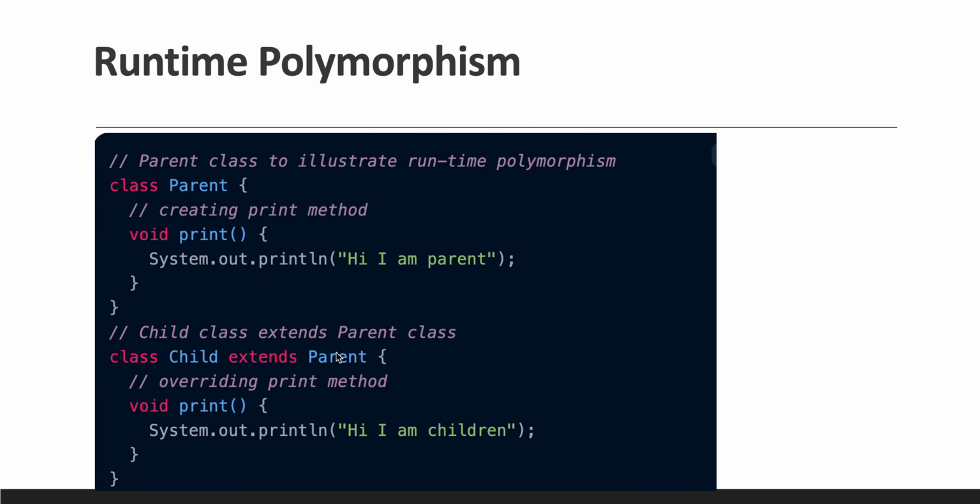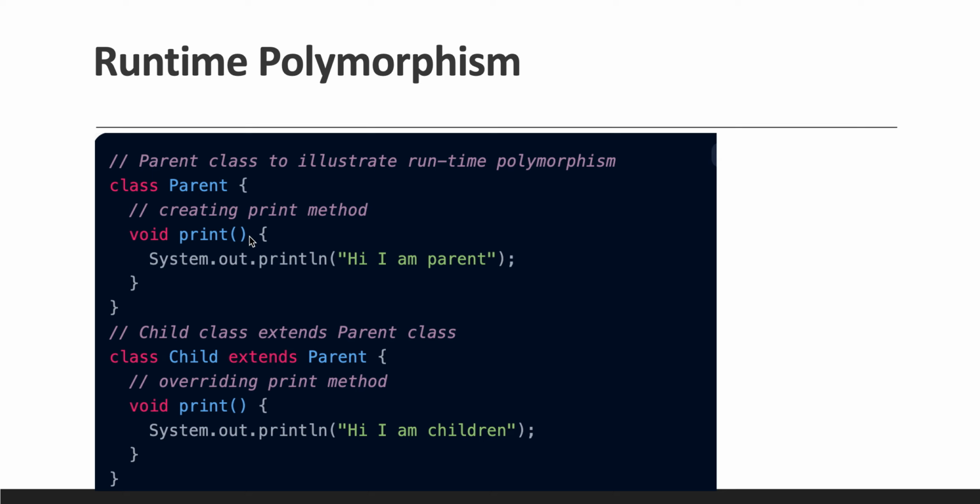Now let's see what runtime polymorphism is. We have seen that runtime polymorphism can be achieved by using method overriding. So what is method overriding? Method overriding is when we define the same method in both the parent class as well as the child class with exactly the same signature.